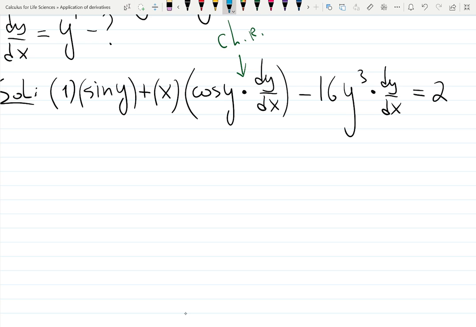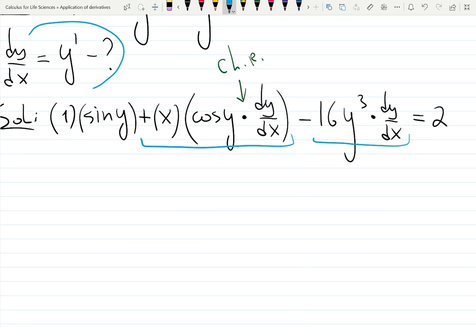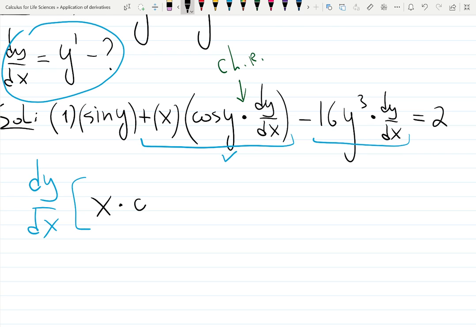Now, collect terms that are multiplied by the thing you're looking for, and you're looking for dy over dx. Look what I'm going to do. I will factor out dy over dx right away. Factoring out means dividing by that thing. So when this first blue part is divided by dy over dx, I will have x times cosine y left.